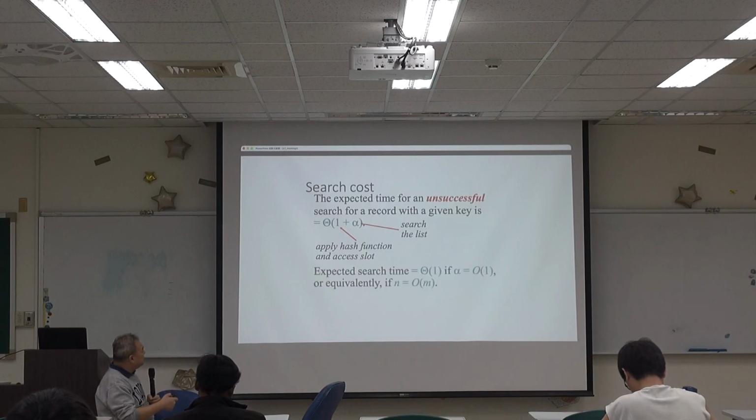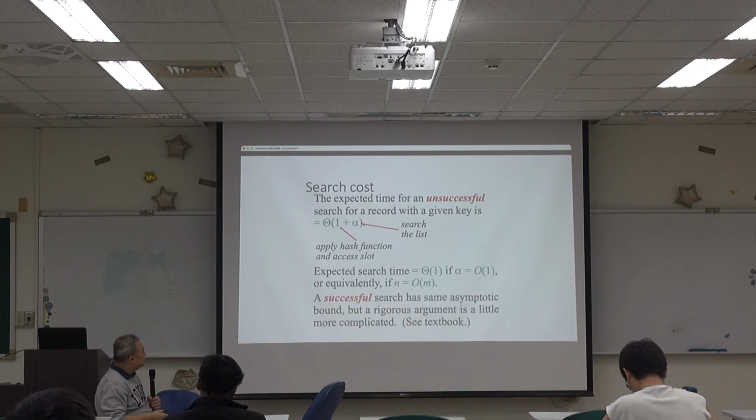But how do we analyze it? The expected search time is constant if your alpha, the load factor, is bounded by a constant, or equivalently, if n can be represented as a linear order of m.